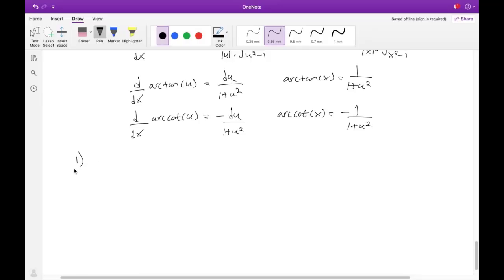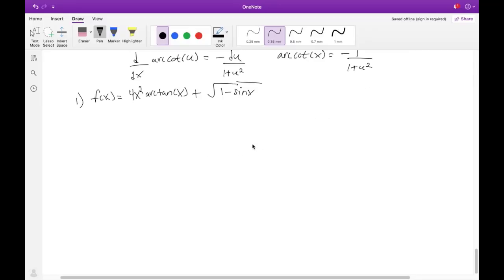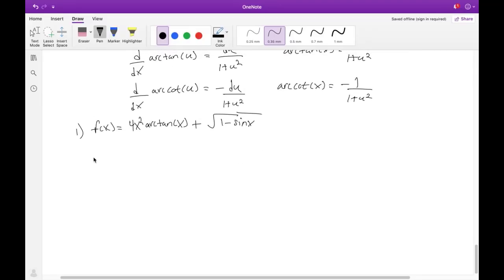So let's do f of x is 4x squared arctangent of x plus the square root of 1 minus sine of x. Okay, so you guys work this out on the side, and I'll just do it and explain my way on how to solve it.